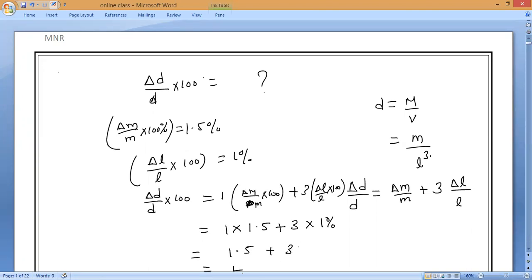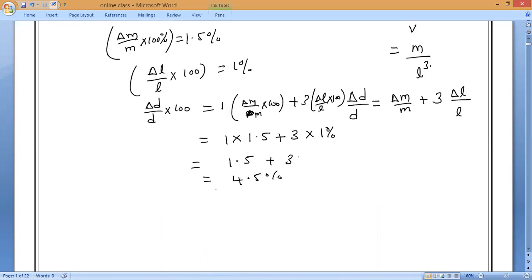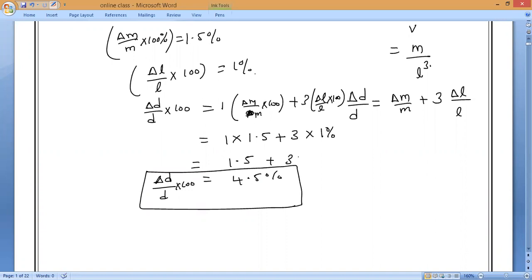So the total is 4.5%. You have to solve it very fast. So delta D by D into 100 is equal to 4.5%. That is the answer for this question.